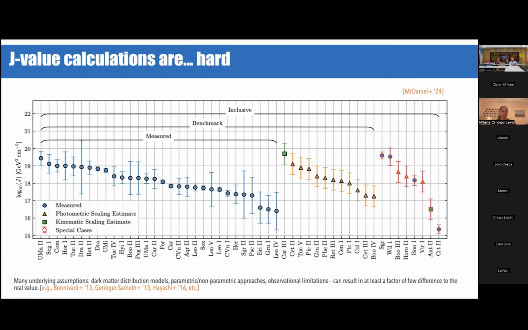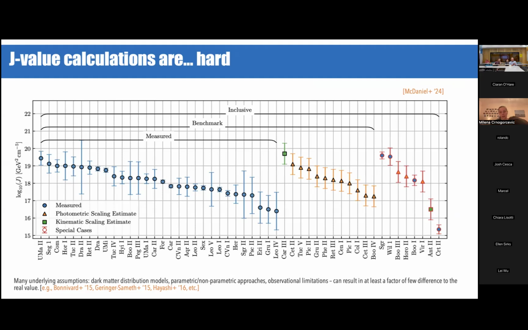And I do want to point out that the J factor calculations have many underlying assumptions that cause a larger spread in their values, and some of those include, of course, the dark matter distribution models, but also the approach of using parametric or non-parametric approaches to describe them, as well as our observational limitations.